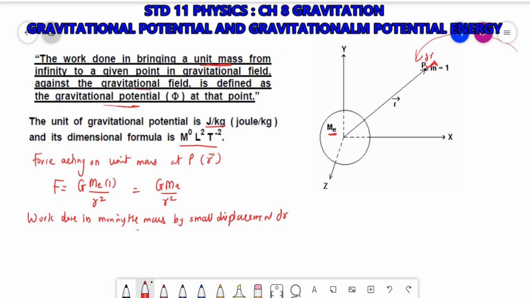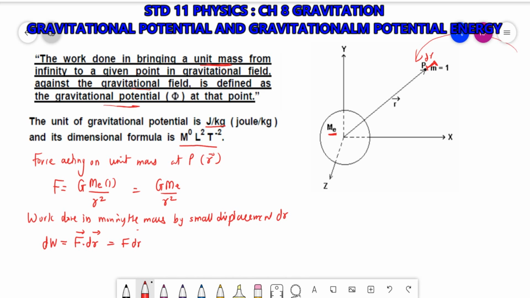So the small amount of work done, let's take dW because we are only taking a small step, will be force into displacement, F dot dr.